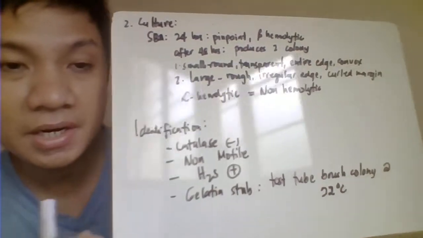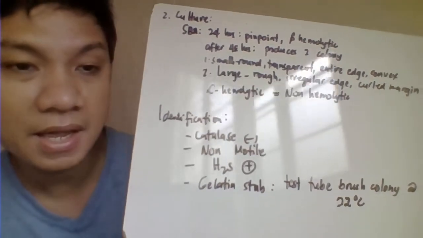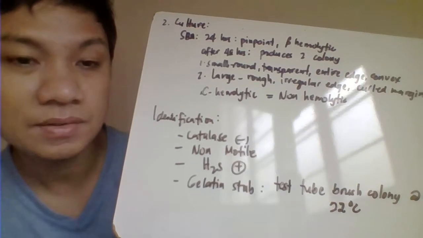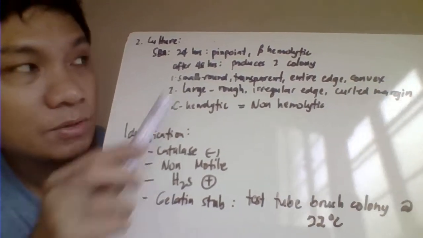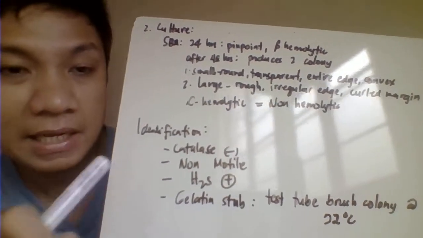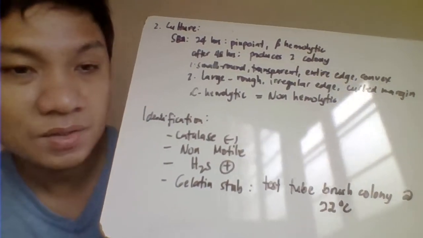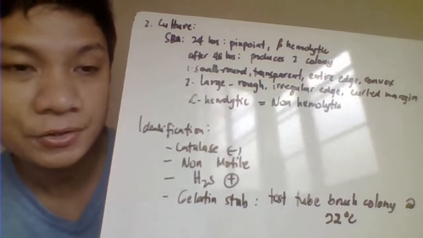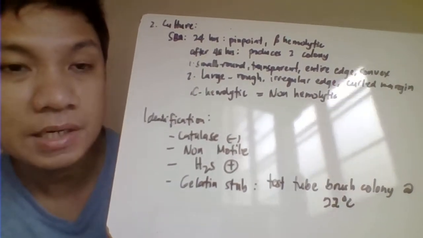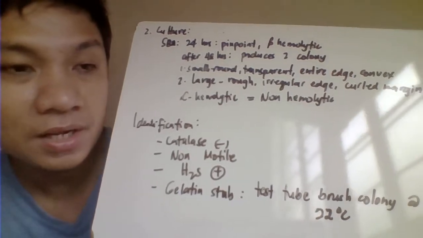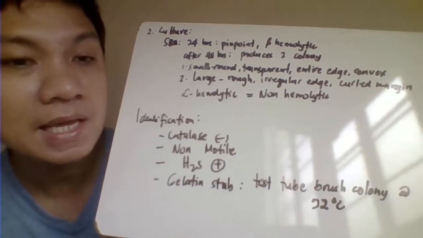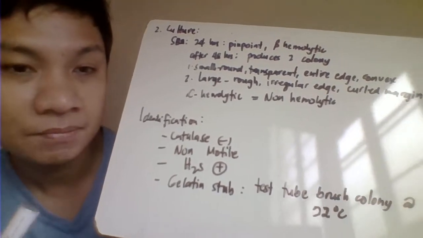Okay, we have culture here. It is able to grow on SBA within 24 hours and appears to be beta hemolytic, but it would be a pinpoint colony because it is so small. But after 48 hours, when the culture has aged, this one would produce two culture characteristics. Number one, the small colony appearing to be smooth, glistening, entire, convex.